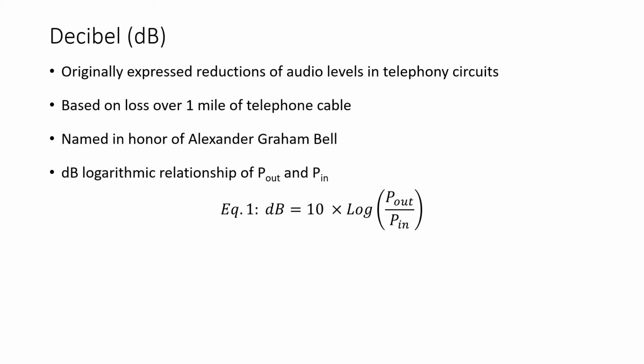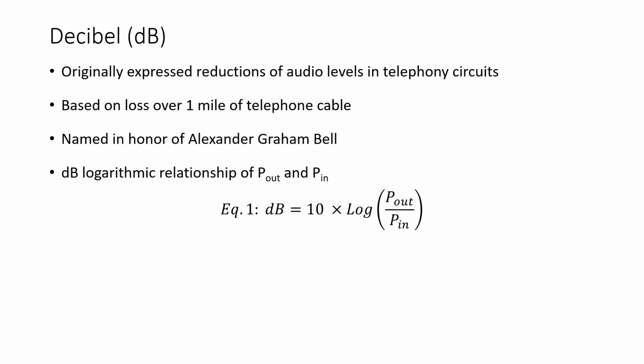So the decibel expresses or provides a logarithmic relationship of P out with respect to P in. So equation 1 shows you that the decibel equals 10 times the log, and this is log base 10, the log of P out over P in.